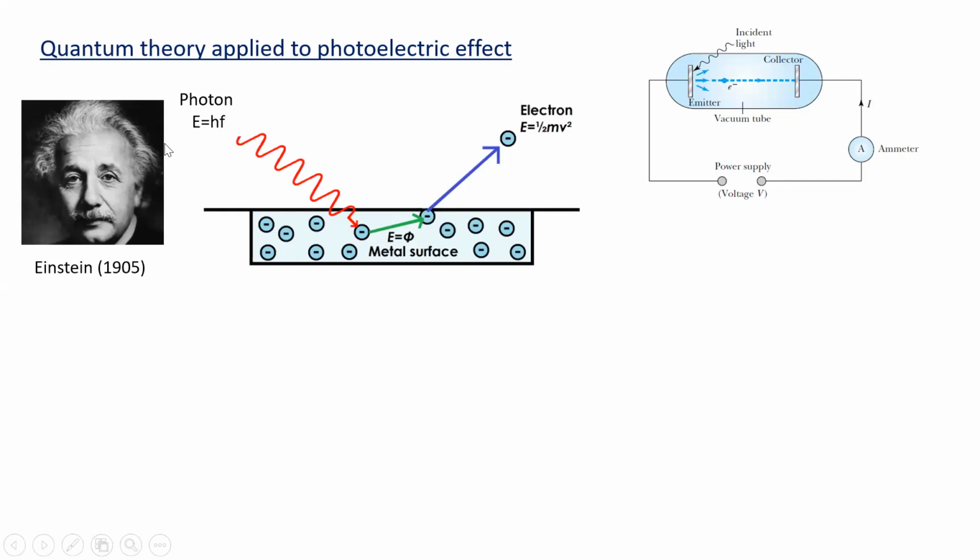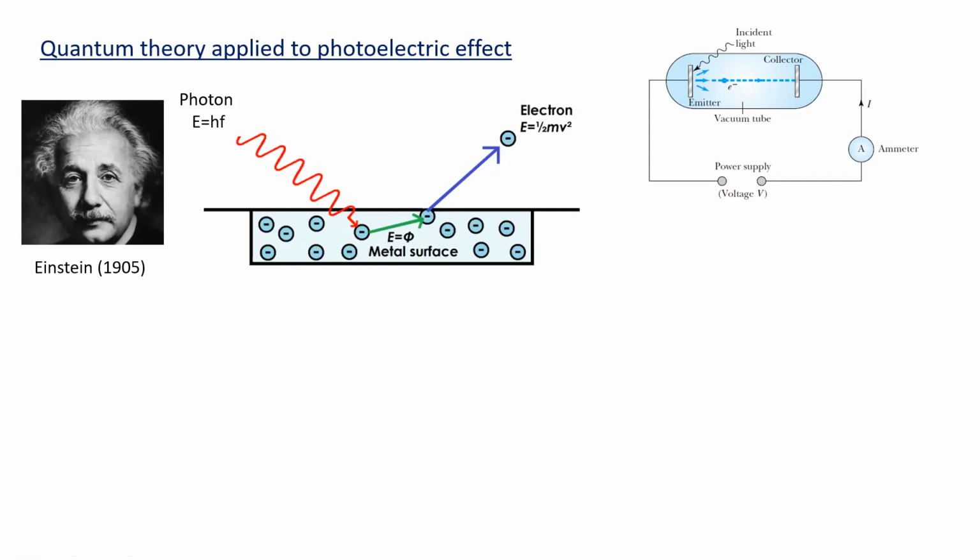Remember that Einstein said that light energy is transmitted in the form of packets of energy, or photons, and in this context, the photons would come in and enter the metal and interact with an electron, and transfer that photon energy hf to the electron.